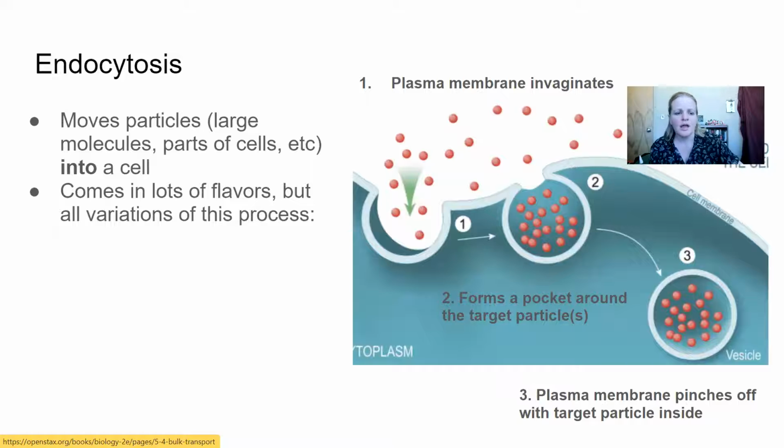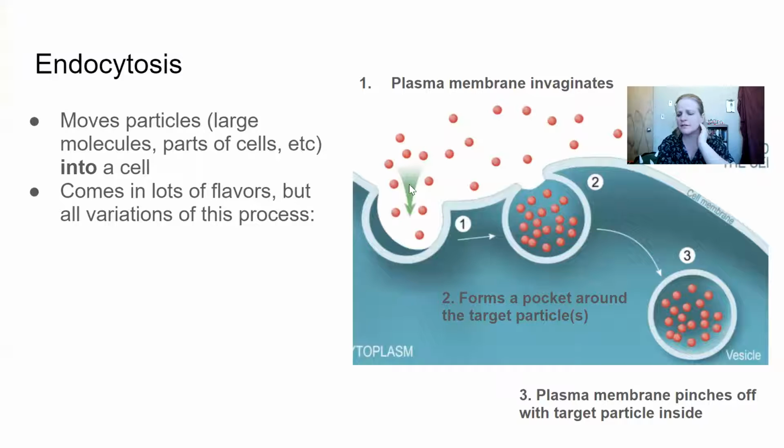Okay, so endocytosis is just a mechanism for moving large molecules, parts of cells, maybe even a whole entire cell into another cell. There's lots of different varieties of this, and we will talk about each of those. But basically, in all endocytosis, the plasma membrane starts to pinch together a little bit and form a little pocket.